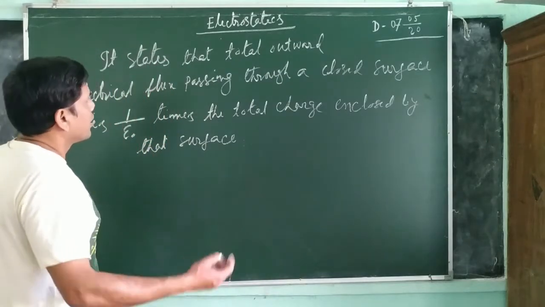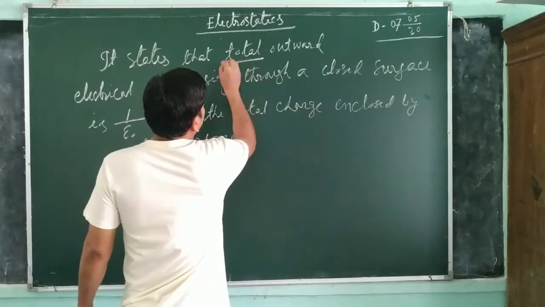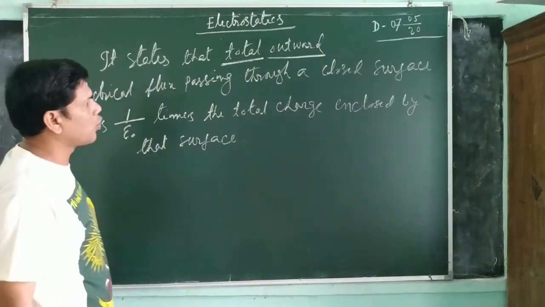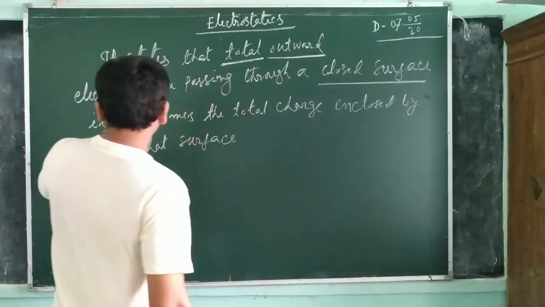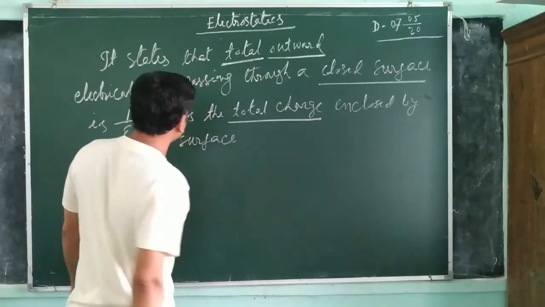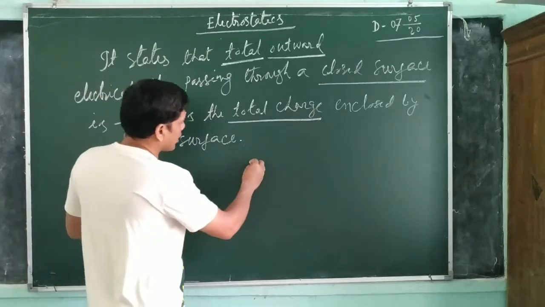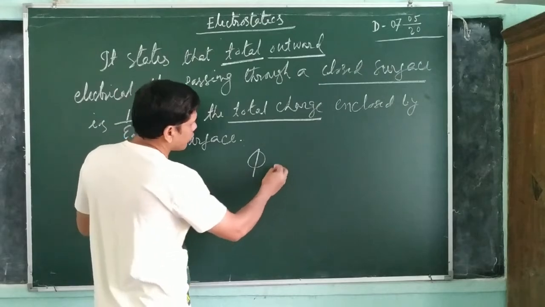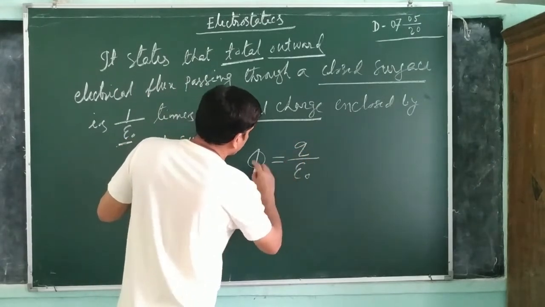Here are some words you have to mention: total, outward, electrical flux passing through a closed surface. The surface should be closed. 1 by epsilon naught times the total charge enclosed by that closed surface. Mathematically, we can write: phi, the total flux passing through the closed surface, equals Q by epsilon naught.